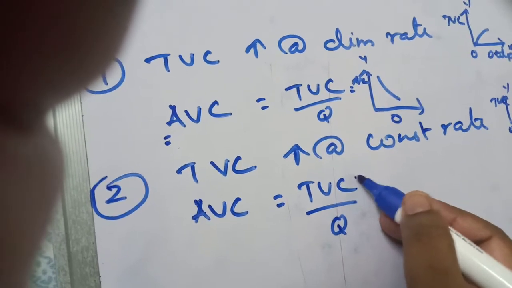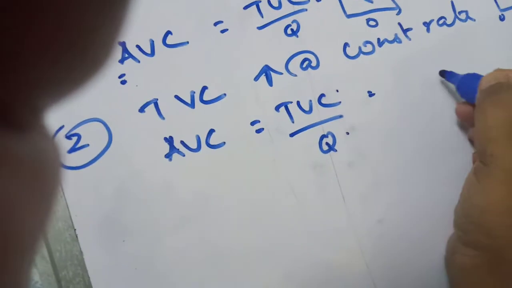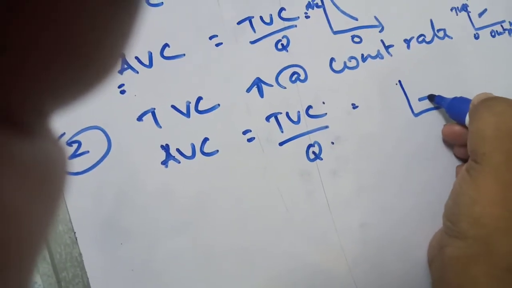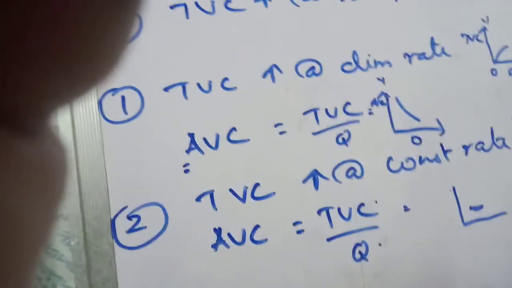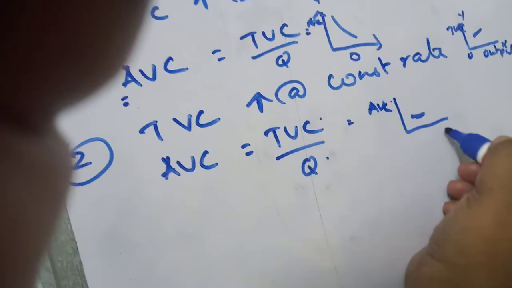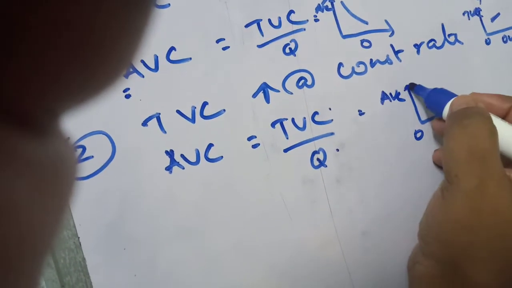This is also increasing at constant rate, this is also increasing at constant rate. So what will happen? Your AVC will become constant. This is O, meaning output, so I'm just putting this in short form.